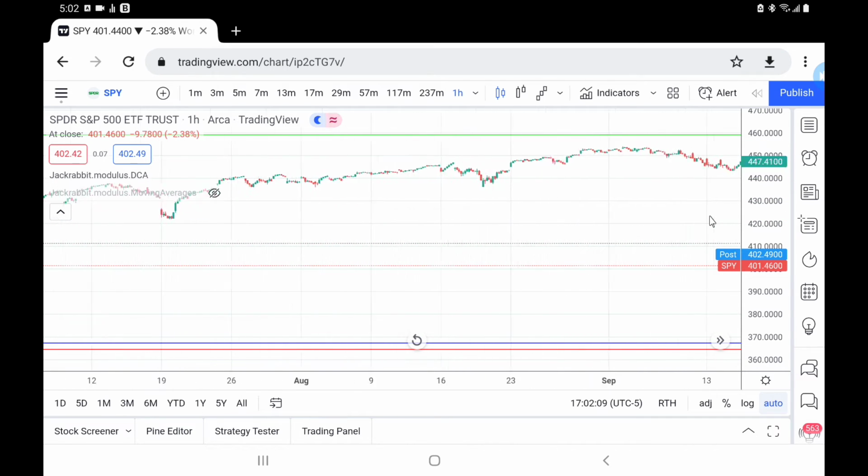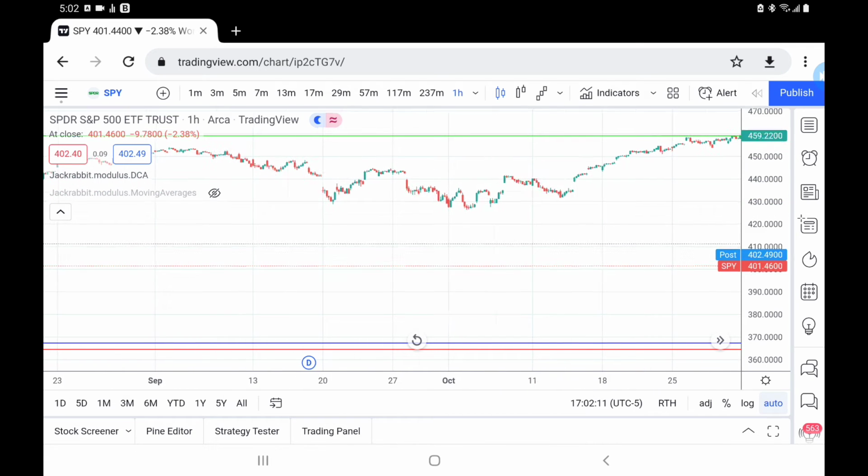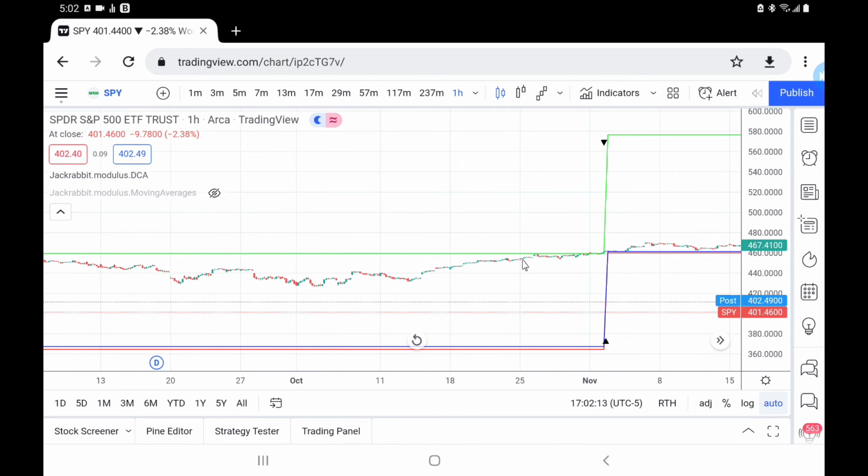So here we go. As you can see, it's still above the average, the blue line. And in here, I made a sale. This sale is a 20% profit of what I've purchased. This is true dollar cost averaging, maximizing the leverage of what you are purchasing while waiting for a specific opportunity.